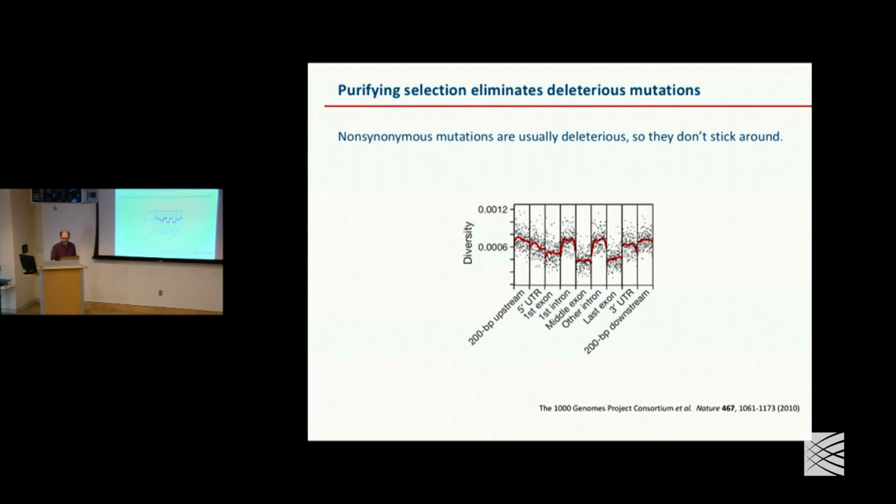And you can see that in the coding exons, there's a marked decrease in diversity. The mutation rate is the same there. It's just that a lot of mutations that have happened there have been selected against over the course of time. So over the past 500,000 years, the mutation has occurred and then been eliminated by natural selection.